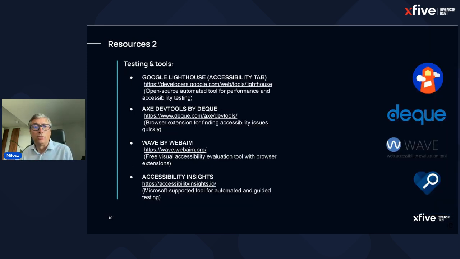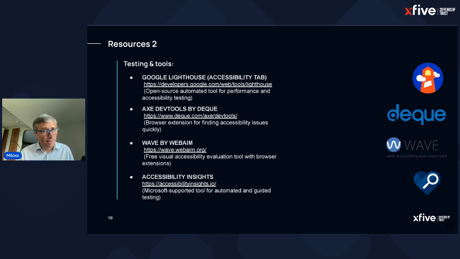Last but not least, tools. Of course, they are also very important. Without testing, you're just guessing. There are a few tools that we recommend and that we use on a daily basis. Everybody can use them to verify if the site and the product work.